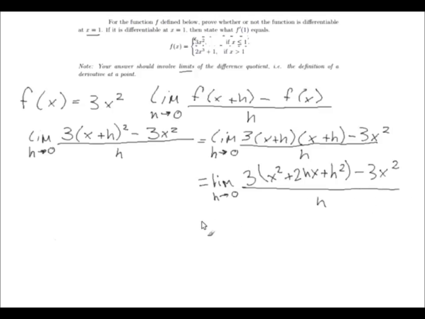We're going to make this equal the limit as h approaches 0 of 3x squared plus 6hx plus 3h squared minus 3x squared, all over h.